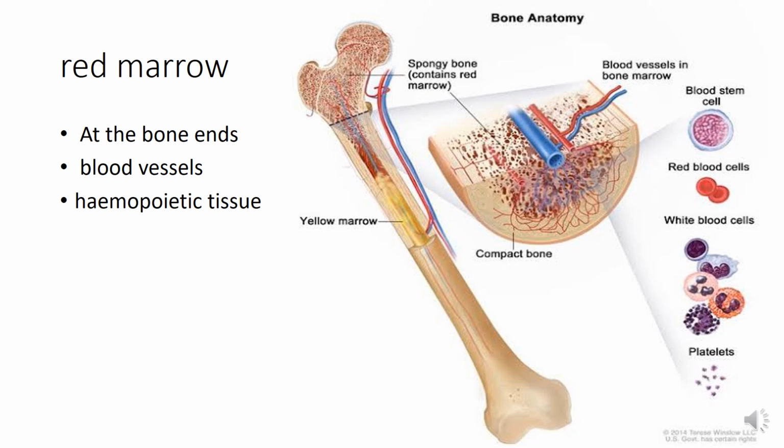At the bone ends, it is very rich in blood vessels and also hemopoietic tissue, meaning tissue that gives rise to blood cells. They are blood stem cells which give rise to red blood cells, white blood cells and platelets.